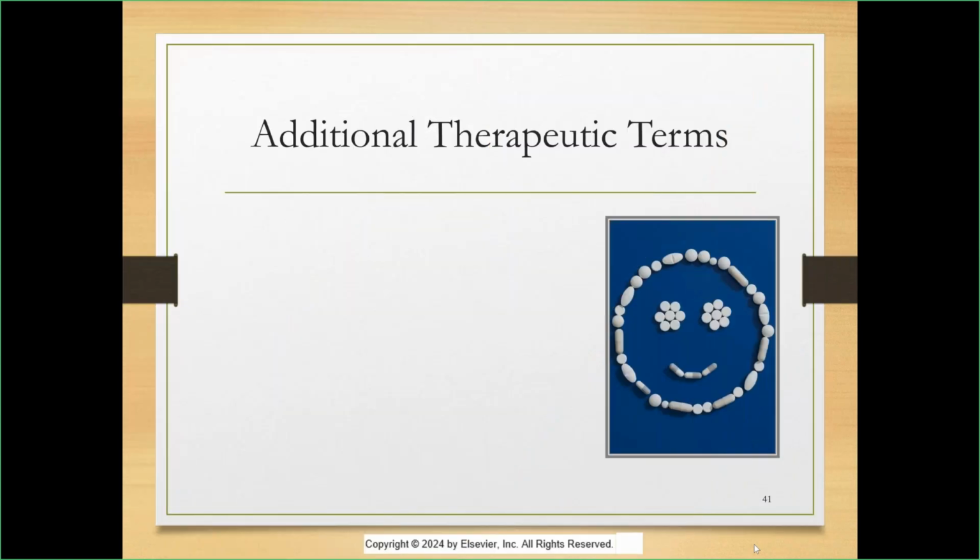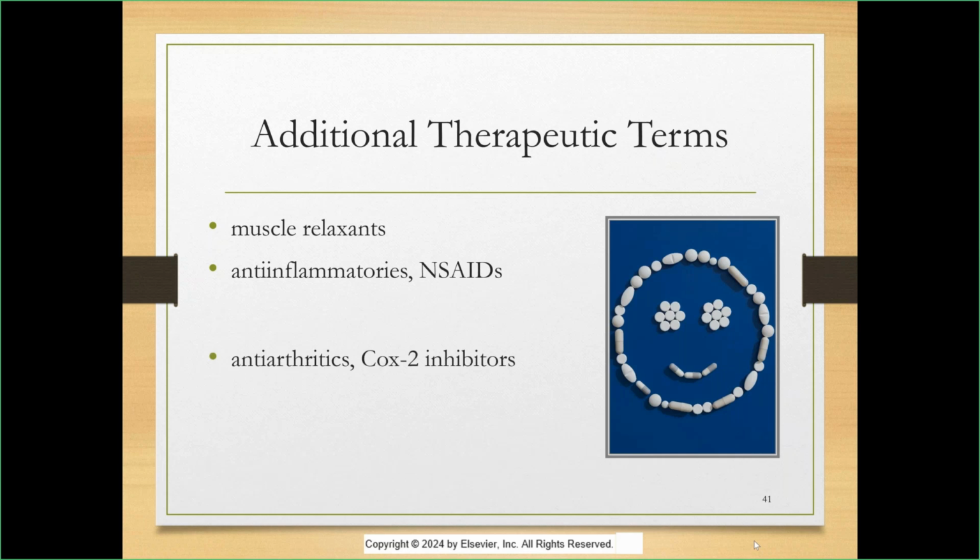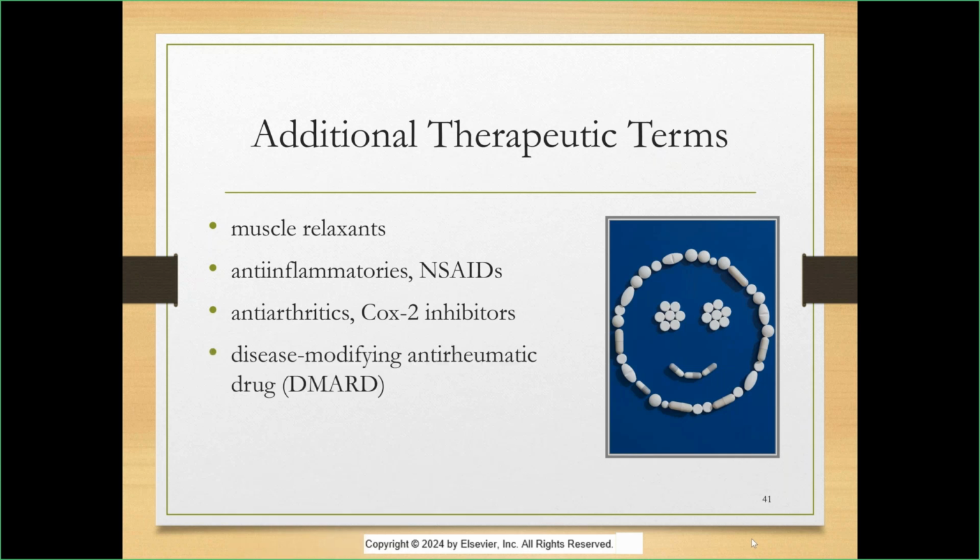Additional therapeutic terms: drugs used to treat the musculoskeletal system include muscle relaxants, anti-inflammatories, used to reduce inflammation and pain, and anti-arthritics, which relieve the symptoms of arthritis. NSAIDs are non-steroidal anti-inflammatory drugs. COX-2 inhibitors are anti-arthritics. A disease-modifying anti-rheumatic drug, DMARD, is used to treat rheumatoid arthritis.